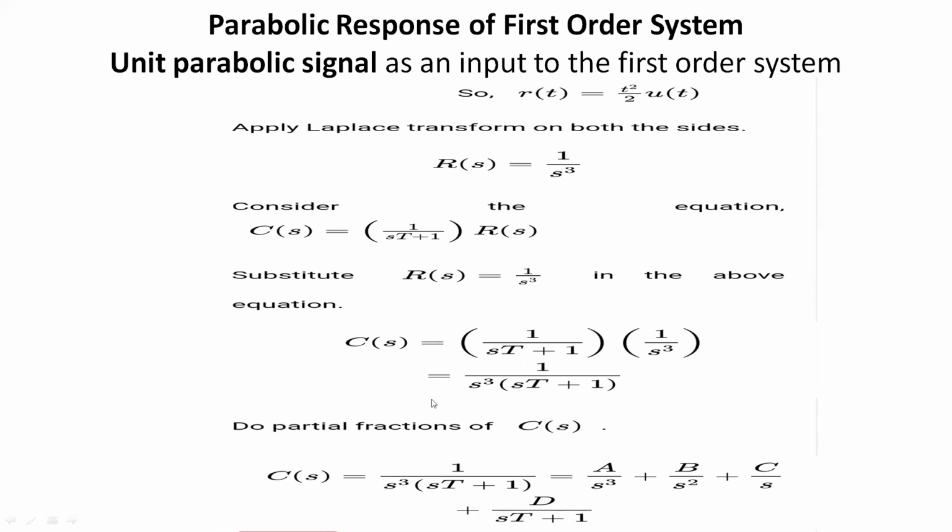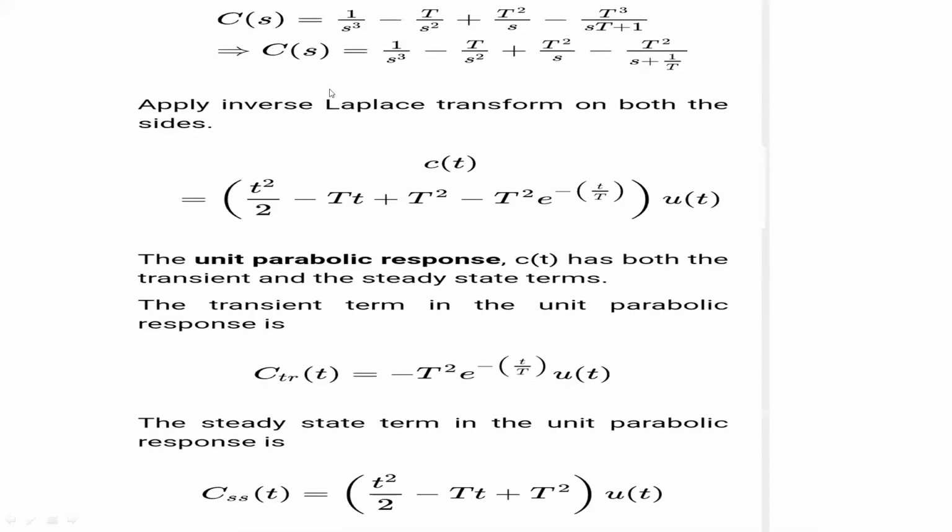And in the same earlier fashion, if we calculate, we get the same thing, T minus T plus T square minus T square by s plus 1 by T. If we apply the inverse Laplace transform on both sides, c of t is equal to t square by 2 minus T t plus T square minus T square into e power minus t by tau into u of t.